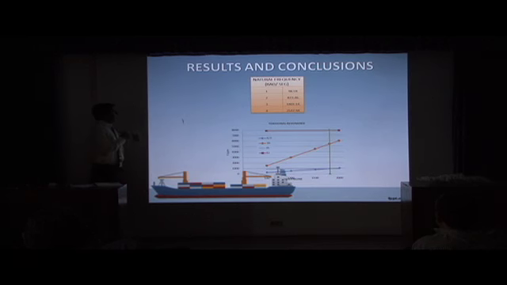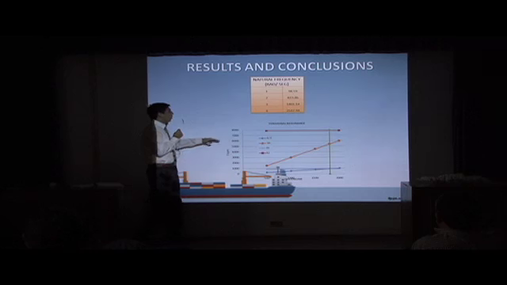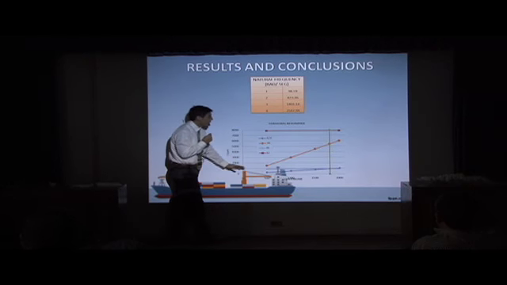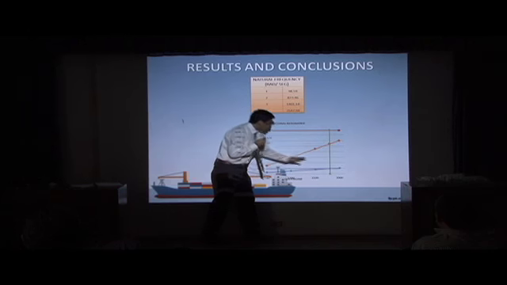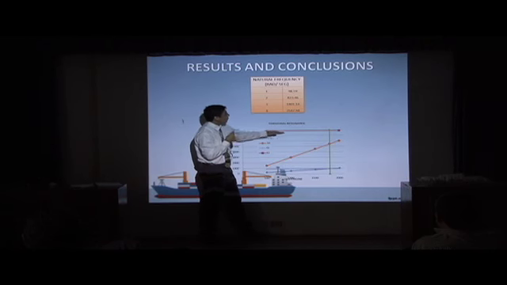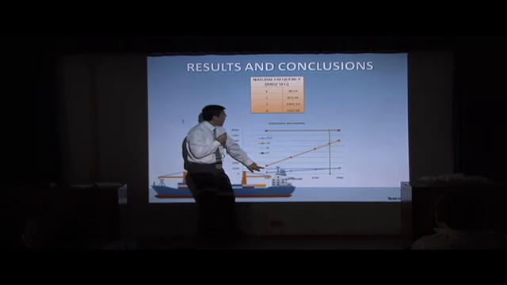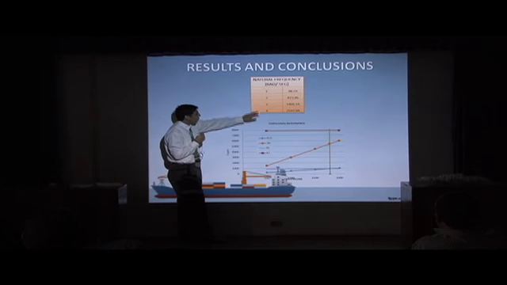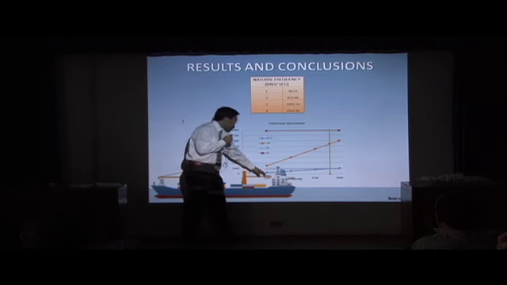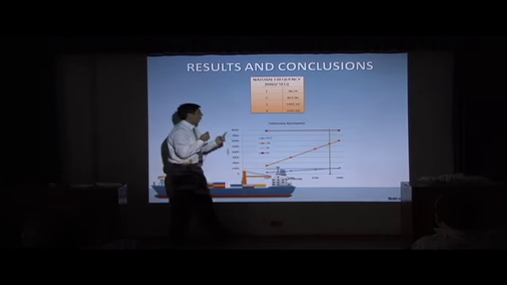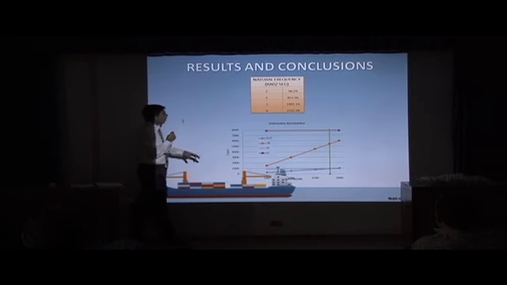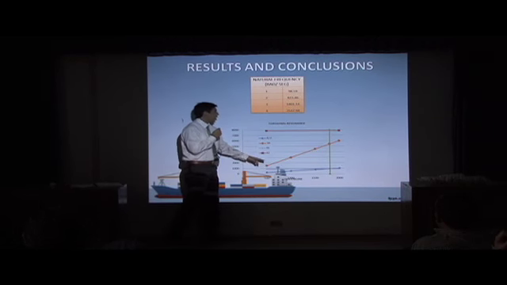Then, after calculating the natural frequencies, we plot the frequency of the system against the frequency of the engine. This is the frequency of the engine. This is the frequency of the system. This is the first frequency. This is the second frequency. This is the harmonics of the engine, and this is the major critical.